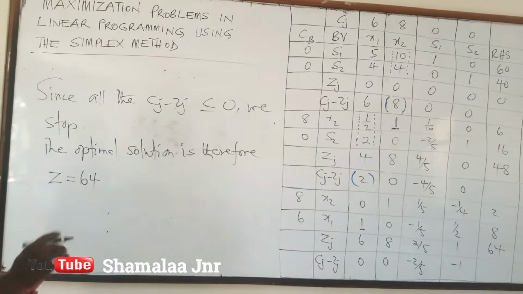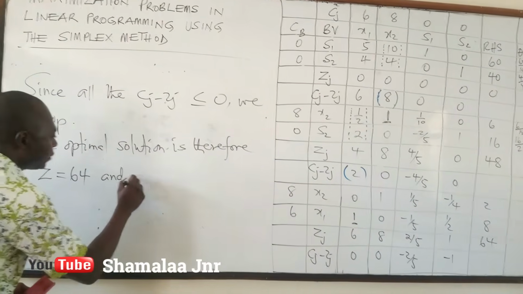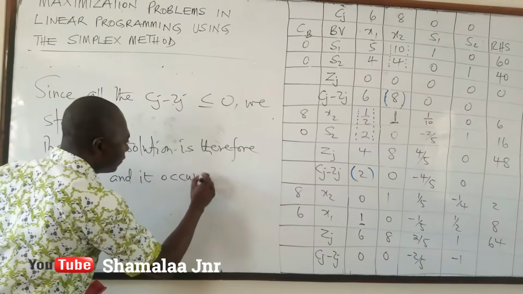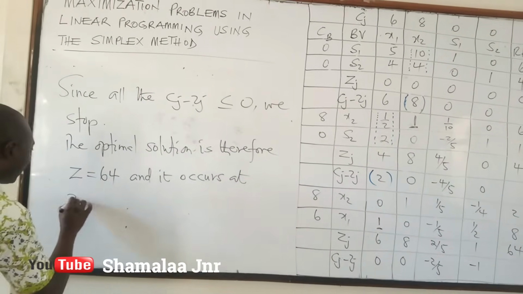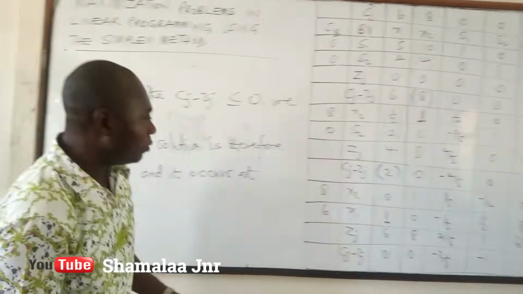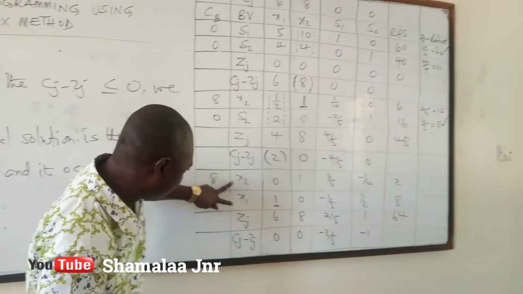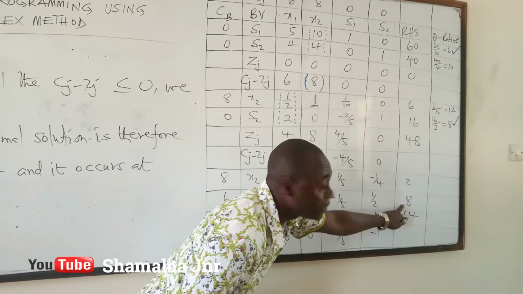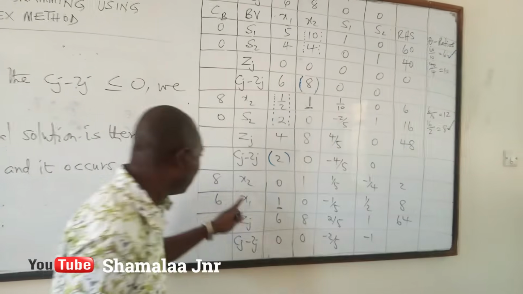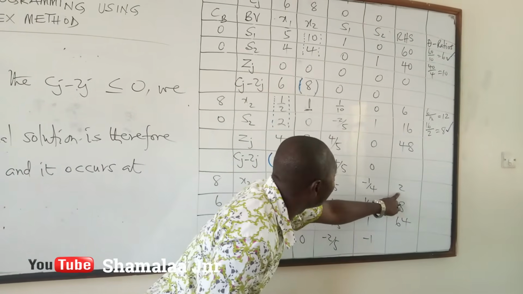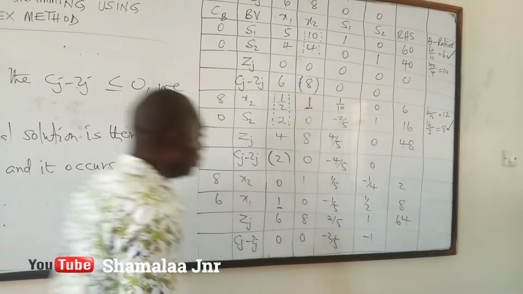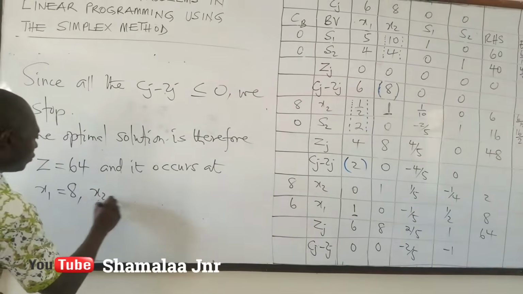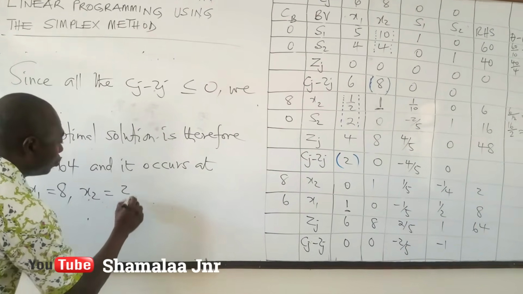And it occurs at x1. You go to the table, look at the final iteration. x1, the right hand side value or the solution is 8. x2, the right hand side value is 2. So it occurs at x1 equal to 8, x2 equal to 2.